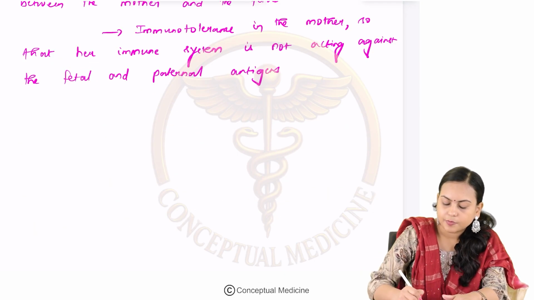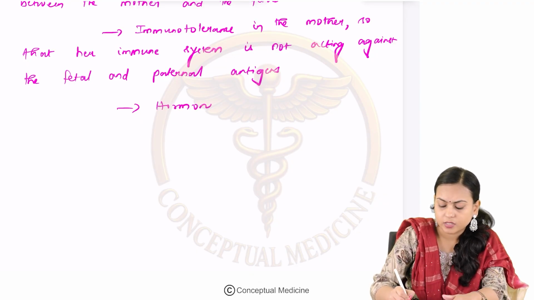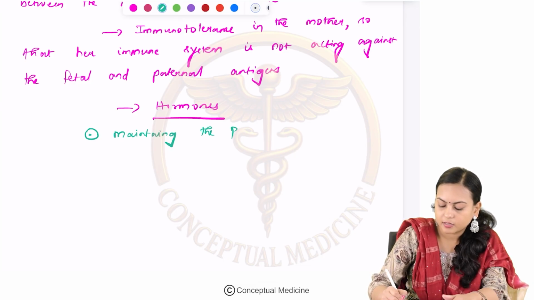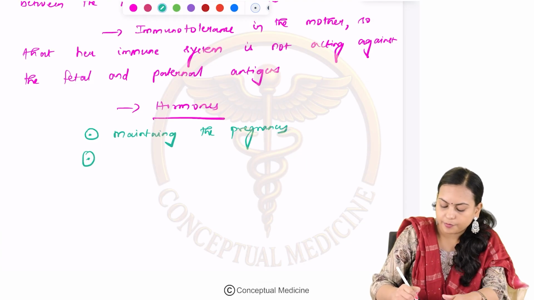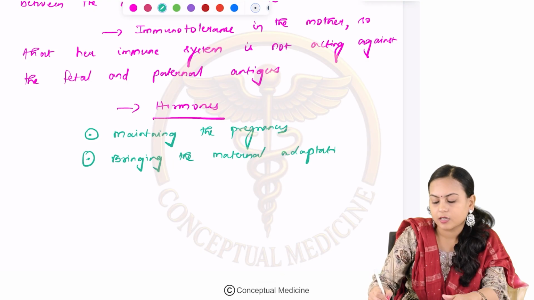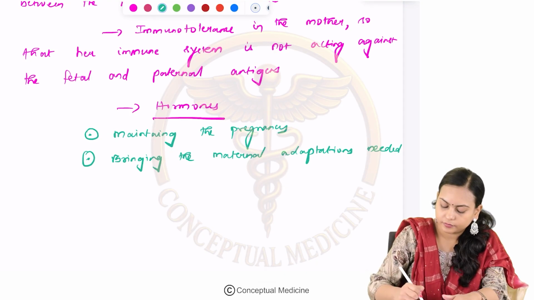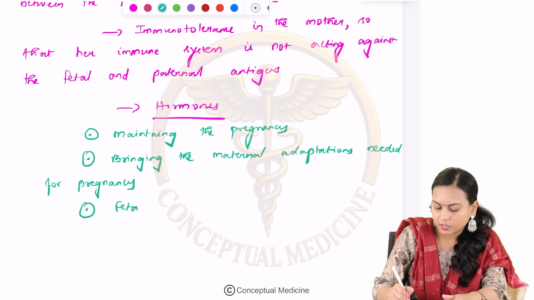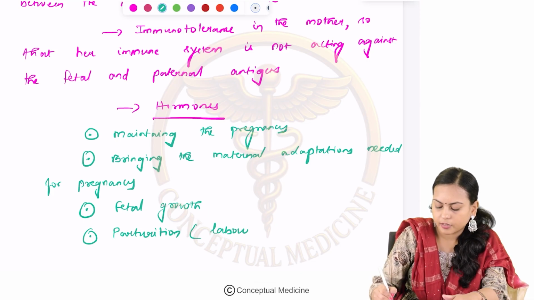In spite of this, it produces various hormones whose roles involve maintaining the pregnancy, bringing about the maternal adaptations needed for pregnancy, helping in fetal growth, and they are also necessary during parturition, that is during labor.